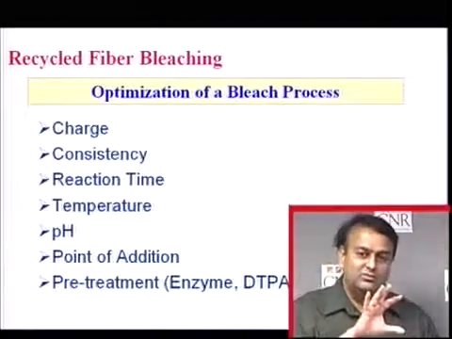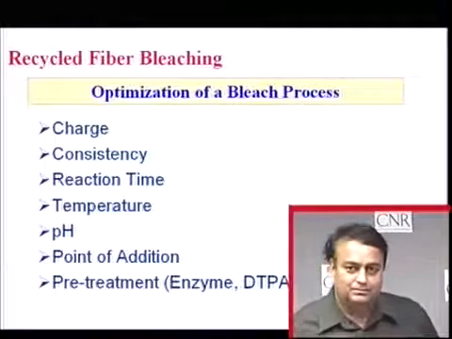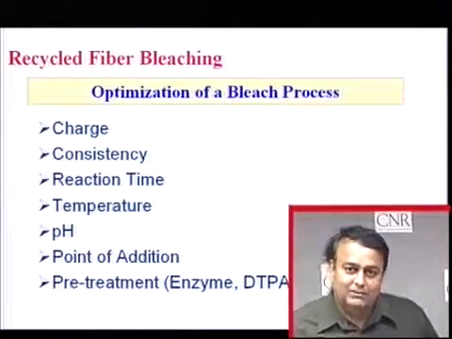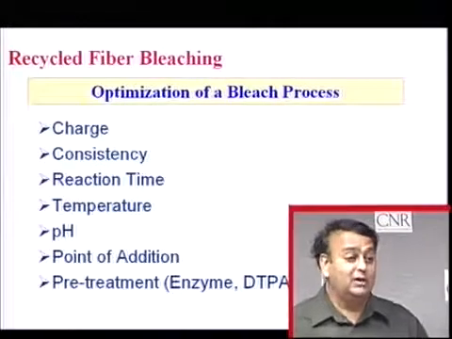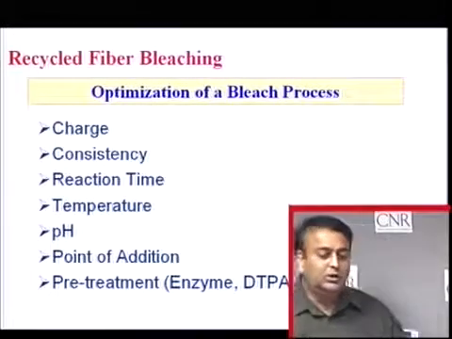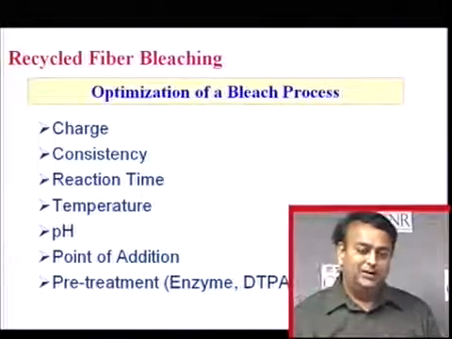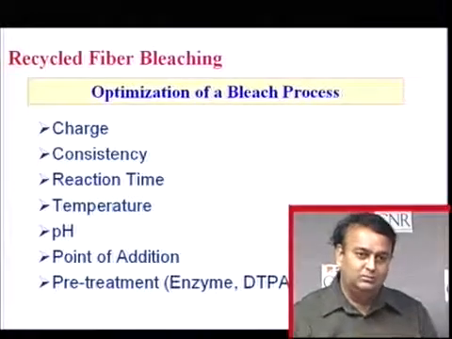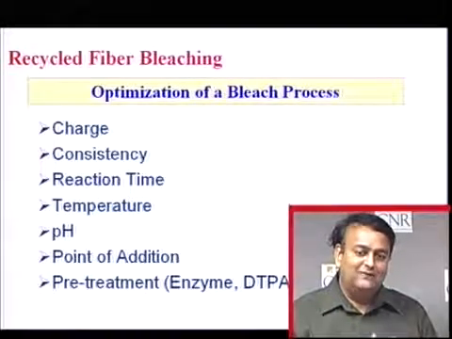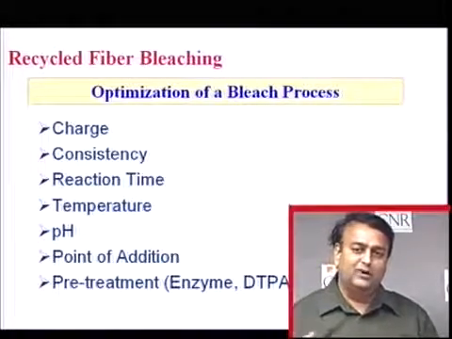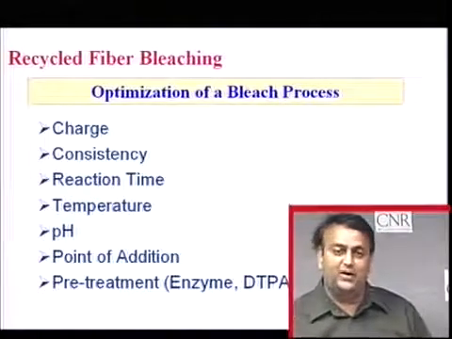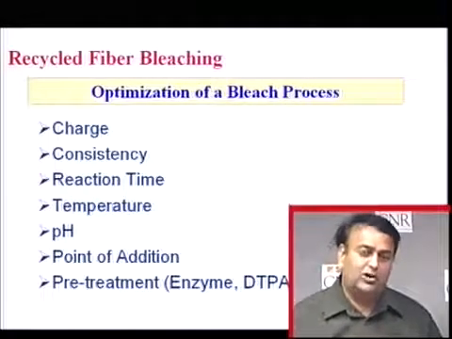That pH is good for your process. Now you have selected the pH. We need to go back and select how much chemical you need. So take your pulp, adjust the pH to that optimum pH level. Now you add various levels of hydrosulfide: 0.25%, 0.5, 0.75, 1% hydrosulfide on bone dry pulp.